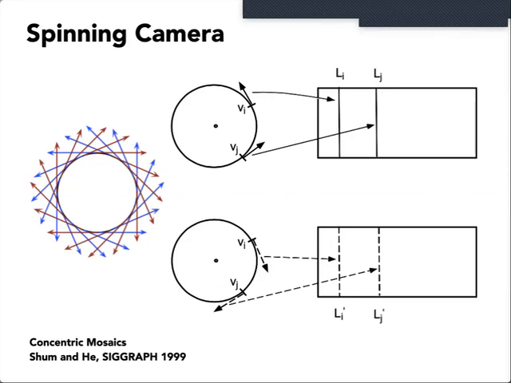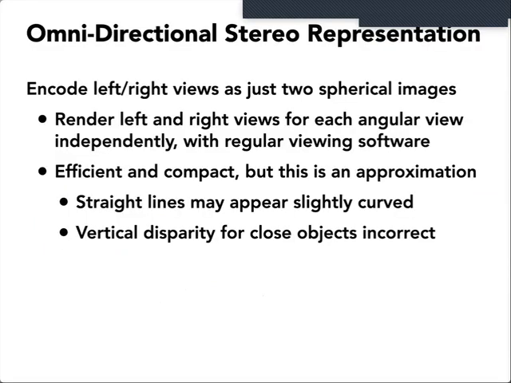It turns out that all you do is store two wide angle videos, and by sampling from those appropriately, you can generate this omnidirectional stereo. This is actually deployed in things like YouTube VR video formats. So the approximation to try to make this practical has received a lot of attention, and this is one of the current attempts.